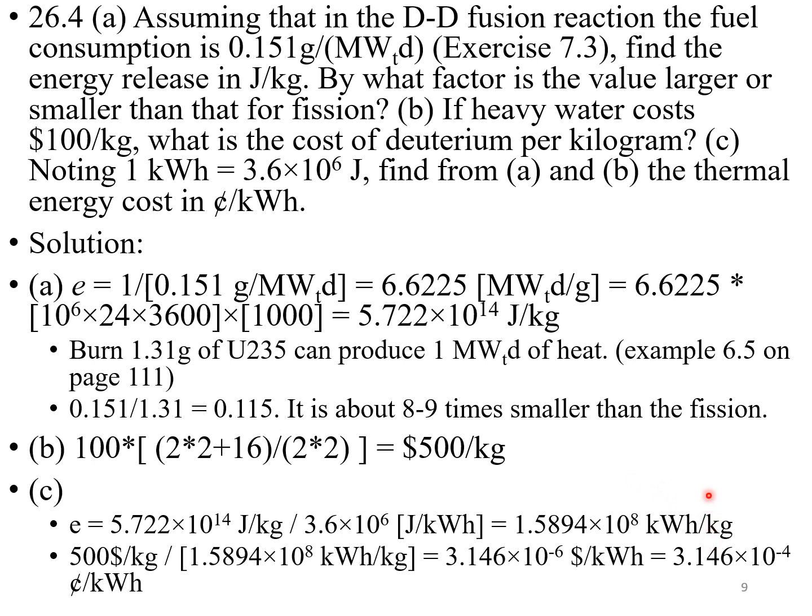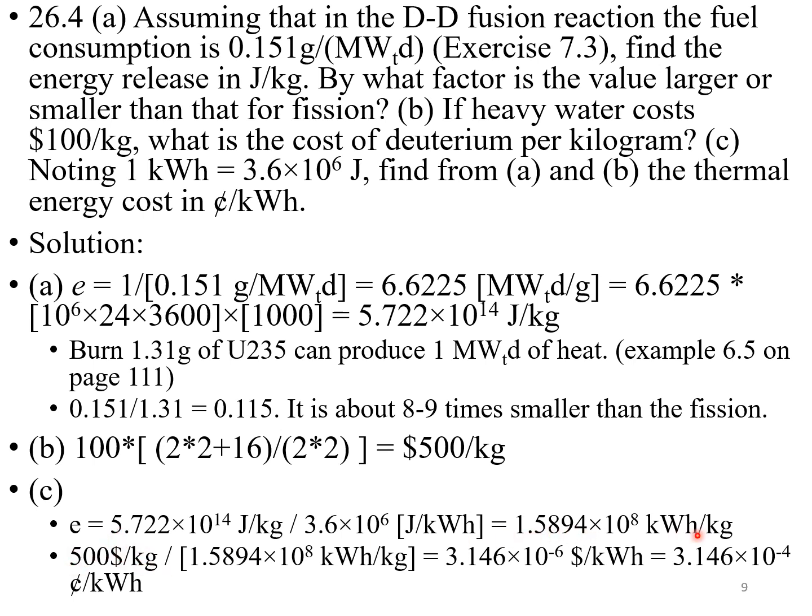So it means that to burn 1 kilogram of the fuel, it can produce this amount of kilowatt hours. This is also thermal energy, as shown here, thermal energy cost. Then for 1 kilogram of the fuel, the cost is $500, so $500 per kilogram.